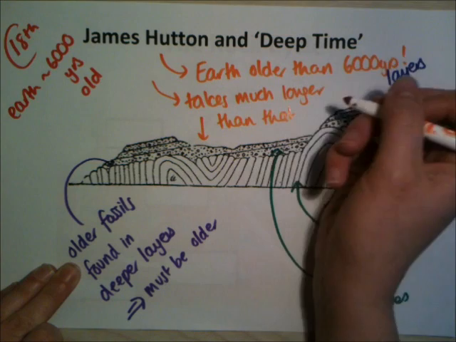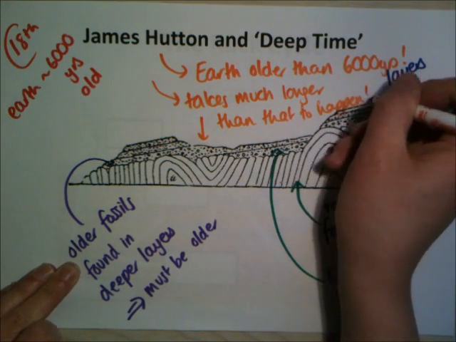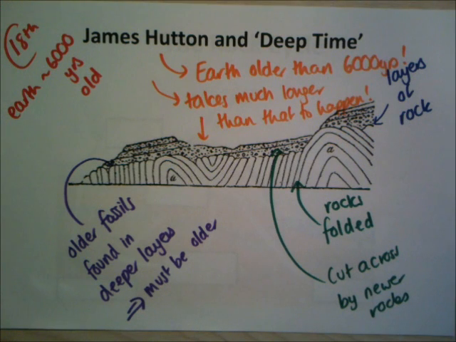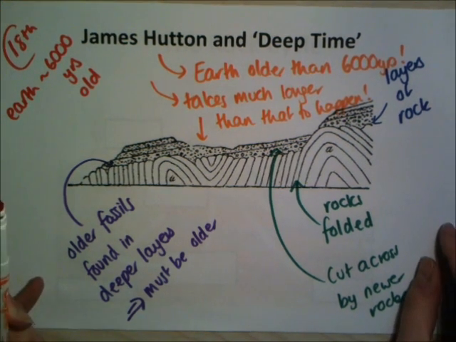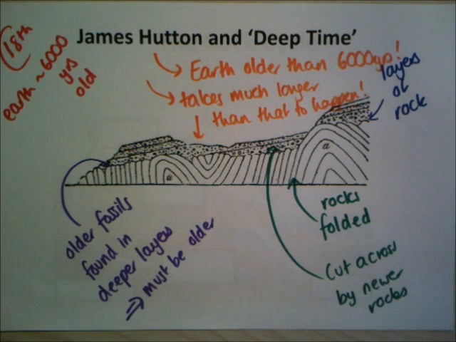So from what he saw, he deduced that we can't just rely on the Bible for our dates, and that we need to look scientifically at what had happened. So he thought, something has changed these rocks. It's taken a long, long time. It's taken much more than 6,000 years for this to happen. Therefore, the Earth is older than 6,000 years old.